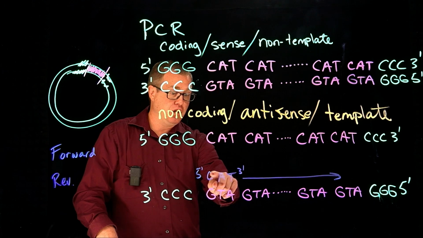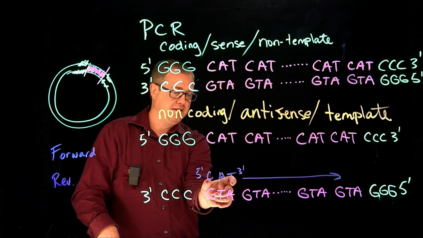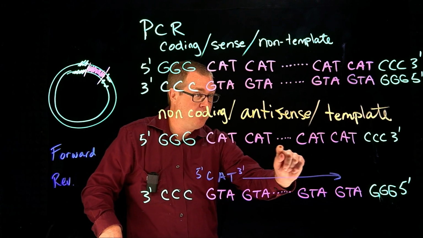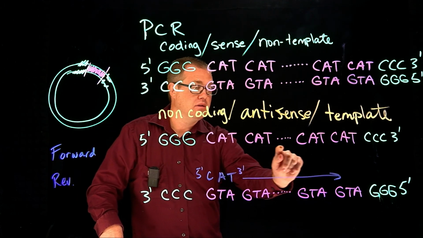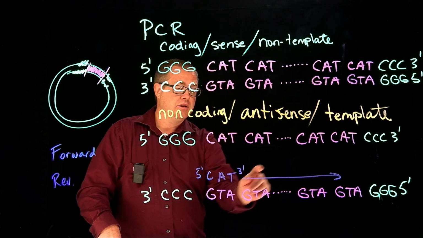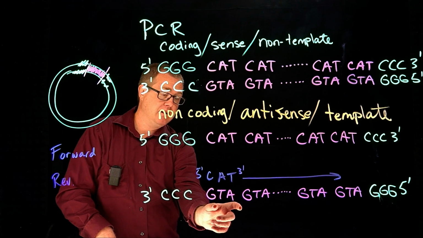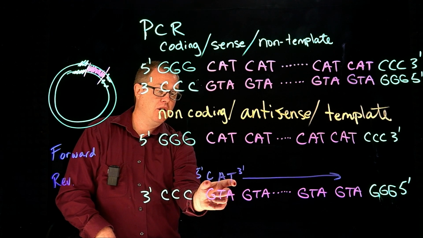Now I called this new one in blue the coding strand because what are we synthesizing? The exact match above here. And so this is called the coding strand. So what we're doing is using the template strand to synthesize the coding strand.